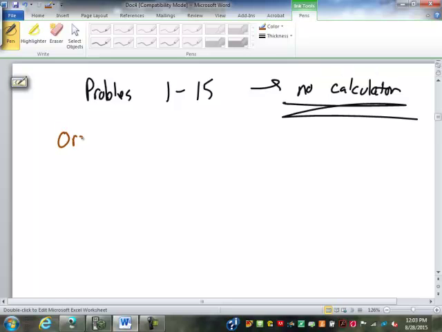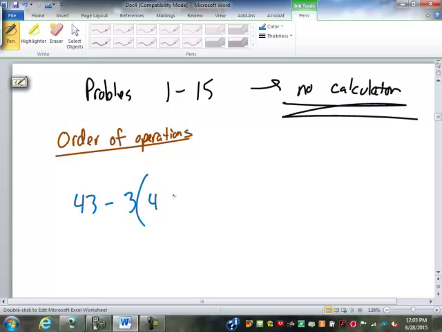Well, first of all, there's going to be order of operations. So the types of problems you'll be expected to be able to do might look like this. Something like that.